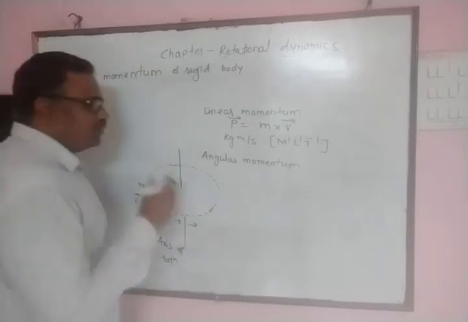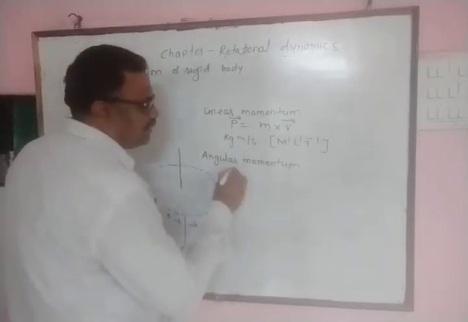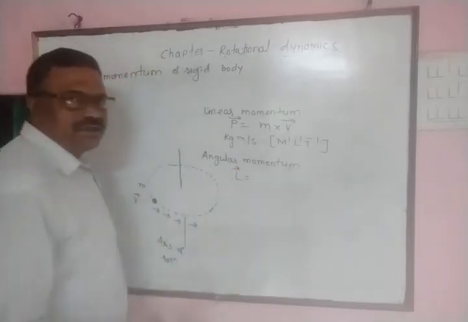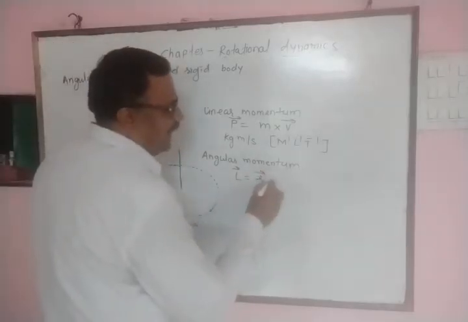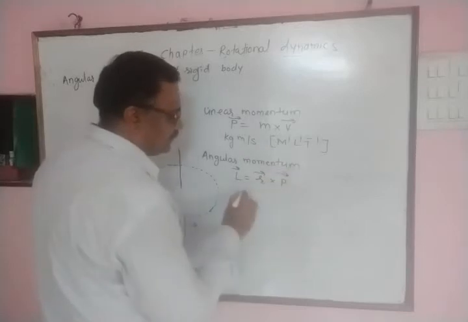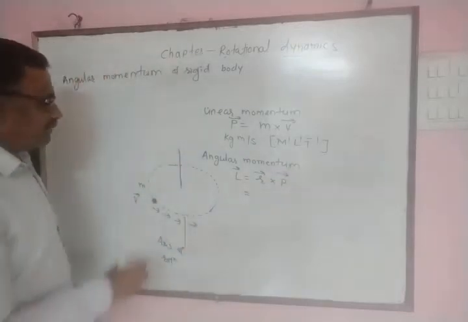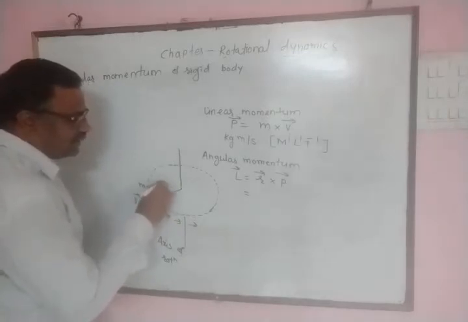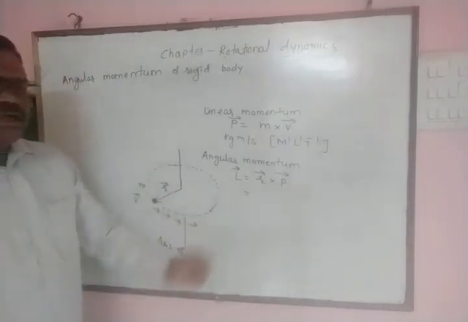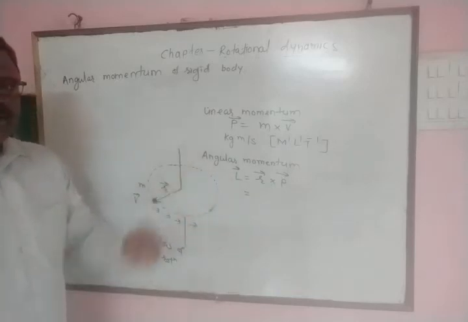Then the angular momentum of this particle about the axis of rotation is equal to the cross product of r and p. The cross product of the position vector of the particle and linear momentum is known as angular momentum.